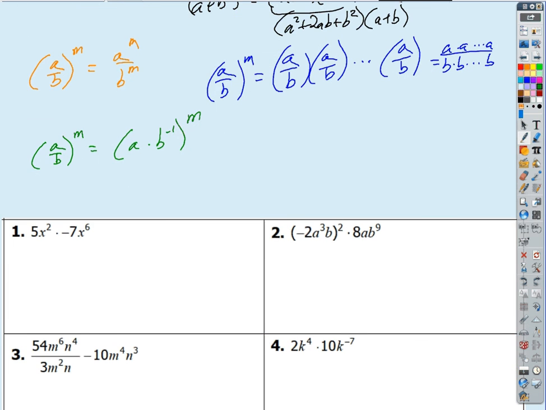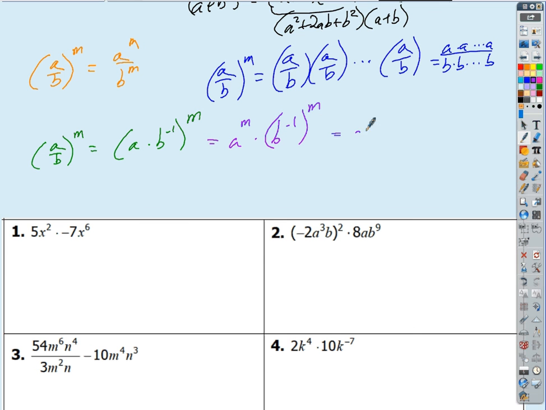So if I apply that logic to this down here, what am I going to get? A to the M times B to the negative 1 to the M. Well, what's B to the negative 1 to the M? Good. If I take a power to a power, I multiply the exponents, right?